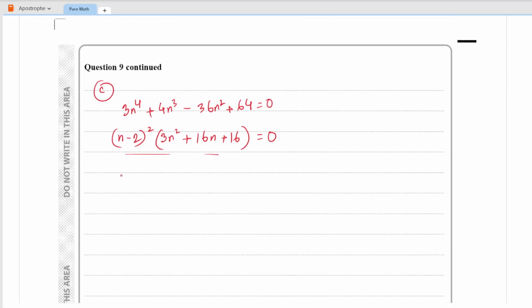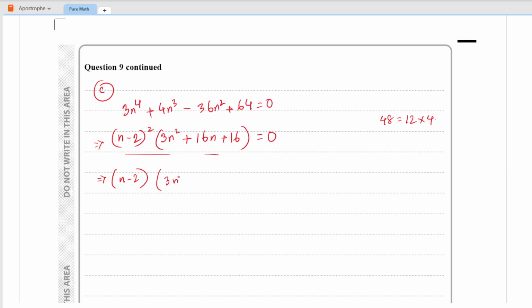So if we simplify, I think we can factorize this one more time. So 3 into 16 is 48. 48 can be written as 12 into 4, and 12 plus 4 is 16 as well.